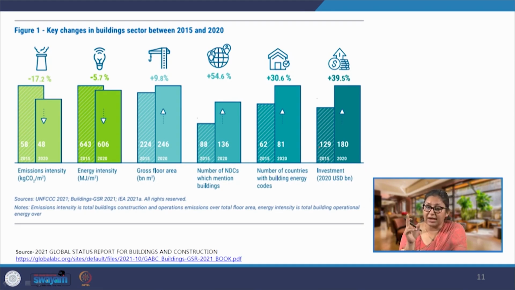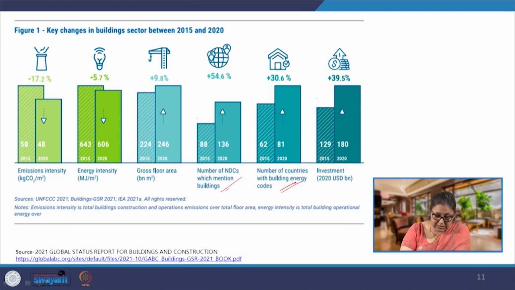If we look at the nationally determined contributions, more and more nations are committing to reducing the emissions from buildings, which is a good indicator. It implies that more nations are coming together to reduce the energy intensity or the emission intensity of buildings. Which implies that more and more policies would be coming, which is the next indicator, the number of countries with building energy codes.